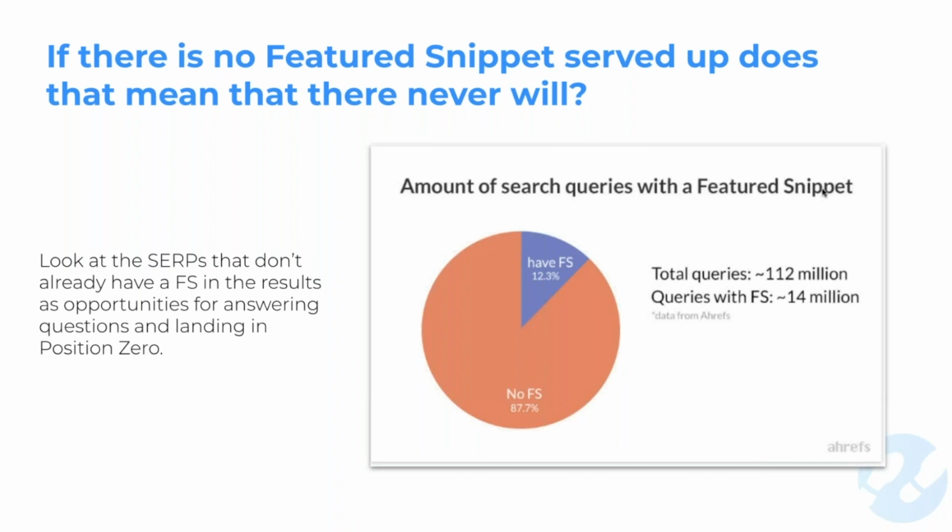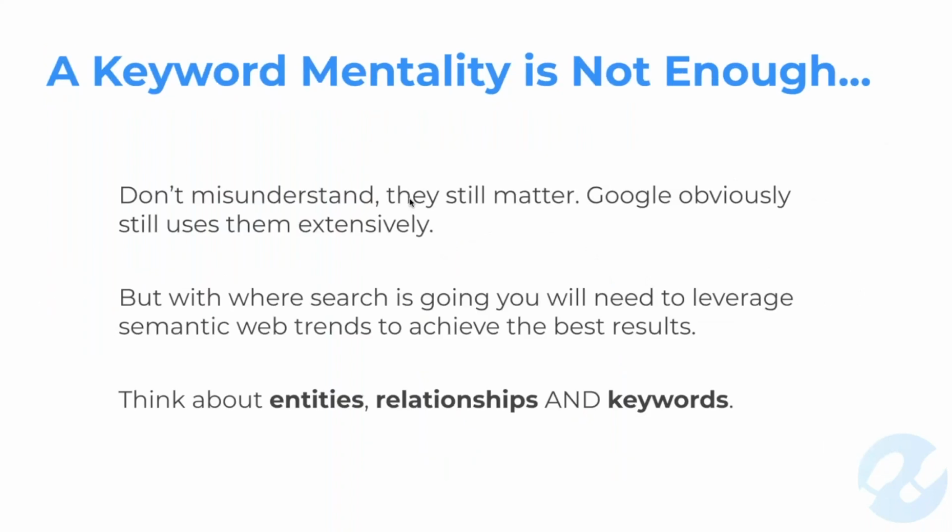The last slide that we have here sums it up quite nicely, where we look back at the history of the web, Web 1.0, 2.0. You can see the keywords, the links, those things are very important. But that type of mentality where you're just identifying keywords or just trying to score keywords is not enough, and it's not going to be enough going forward.